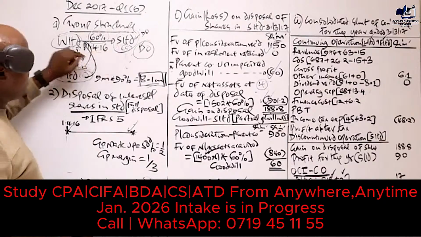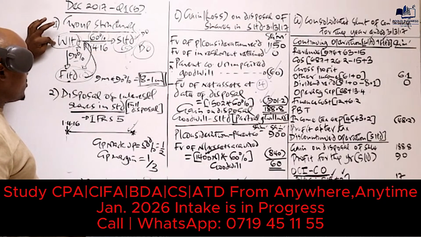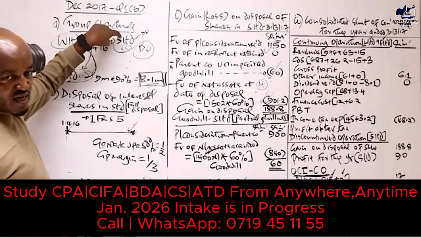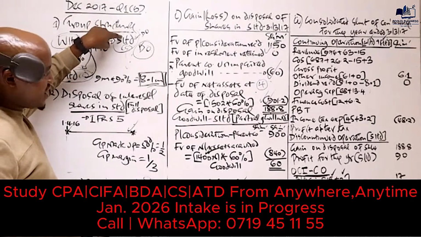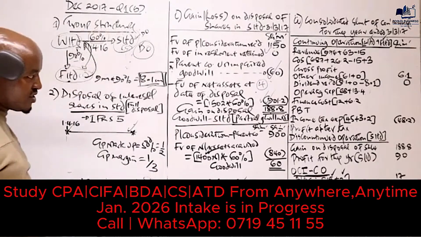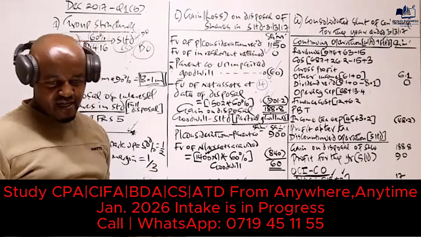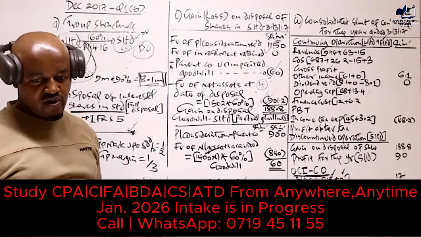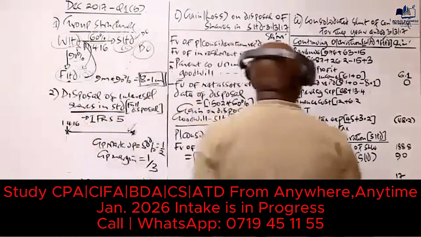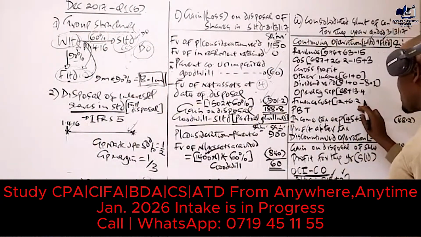So when this company paid the interest on the bonds, part of it was supposed to be paid to the shareholders of this company. But what you're told is that no interest had been paid or provided for. The reason you're given that information is for you to know that this finance cost will not have any adjustment.